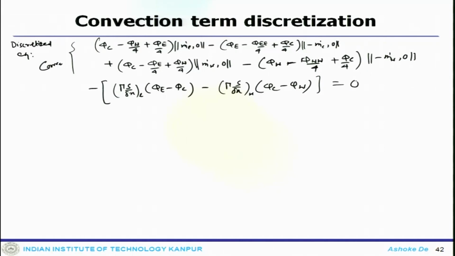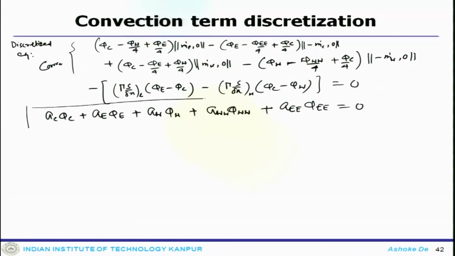Eventually the compact equation will look like AC phi c, AE phi e plus AW phi w, AWW phi WW plus AEE phi EE, which is 0.